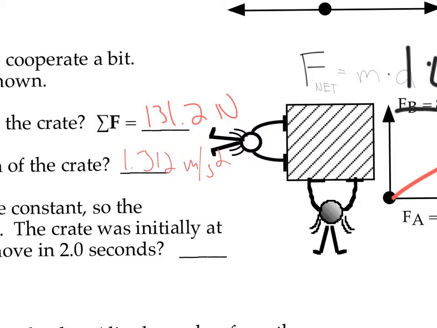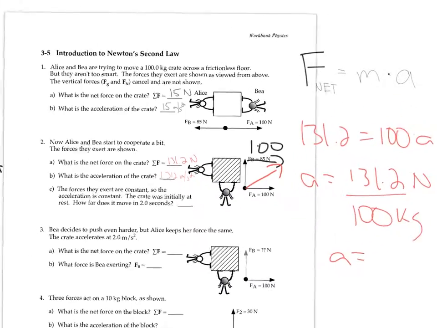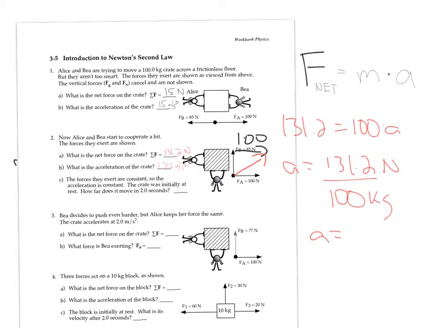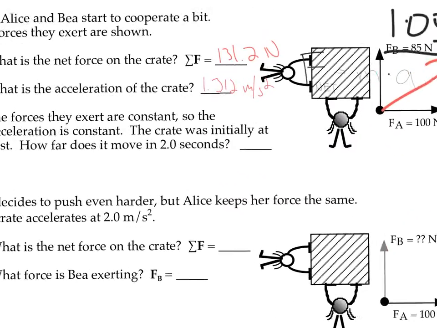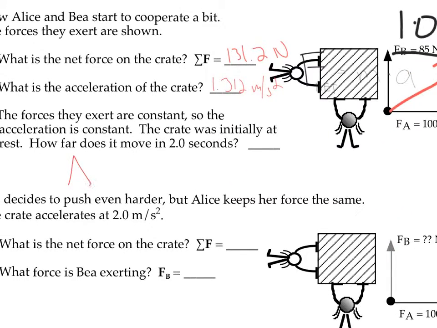And then, as will be for the remainder of semester 1, the kinematic equations can pop up at any time. So now, any question that asks, how far does it move, right? Remember, when they ask how far, they're really looking for delta x.